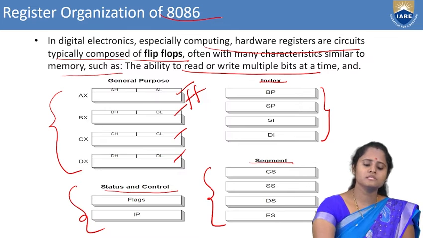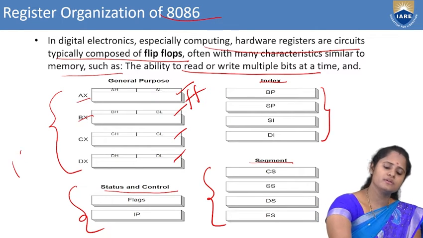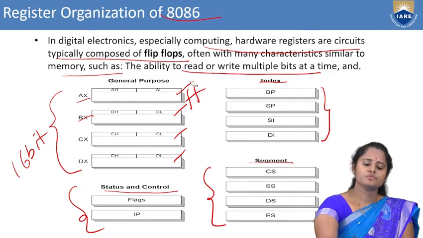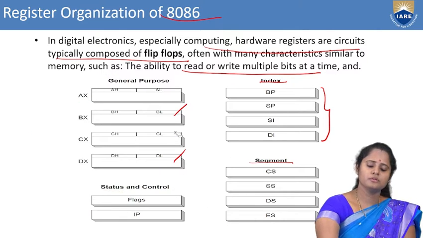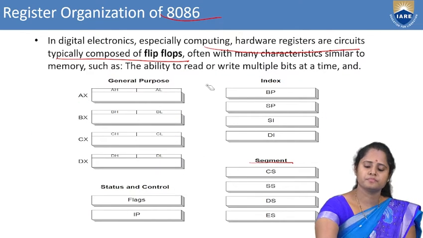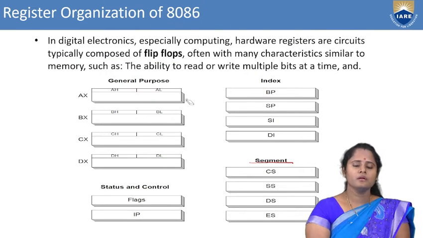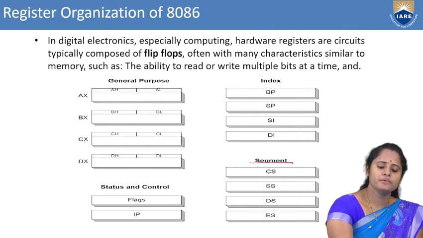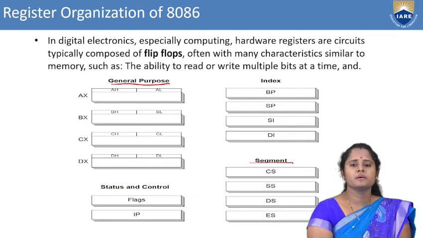So all the registers we have here are of 16 bits, right? Now let us come to the individual registers. First we'll look at the general purpose register.